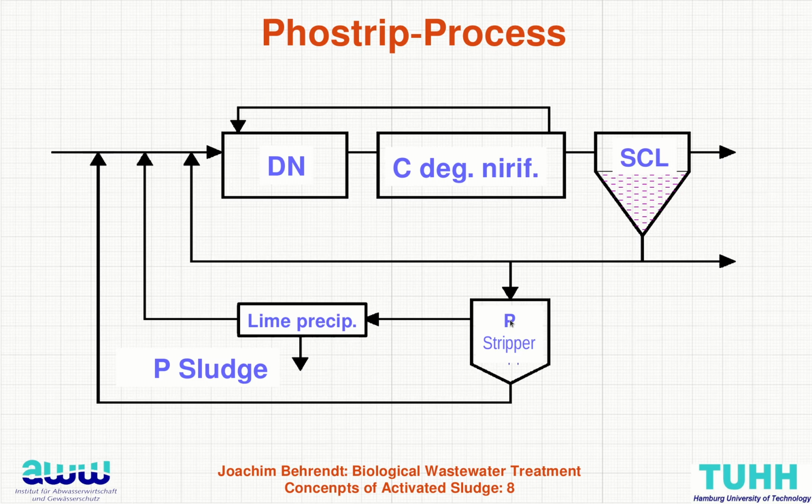The P-stripper is the anaerobic basin, where due to fermentation easily biodegradable organic material is produced, and bacteria that are able to store this are preferred. And they are also phase separated.